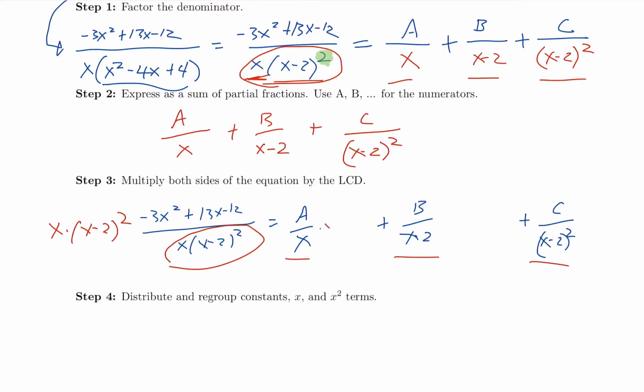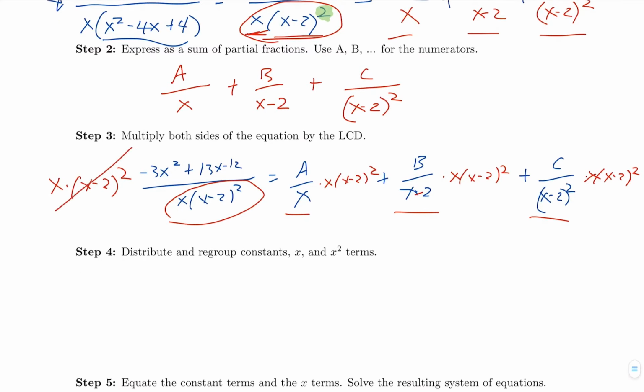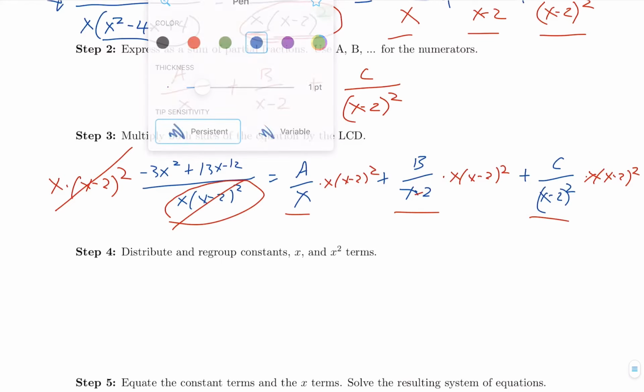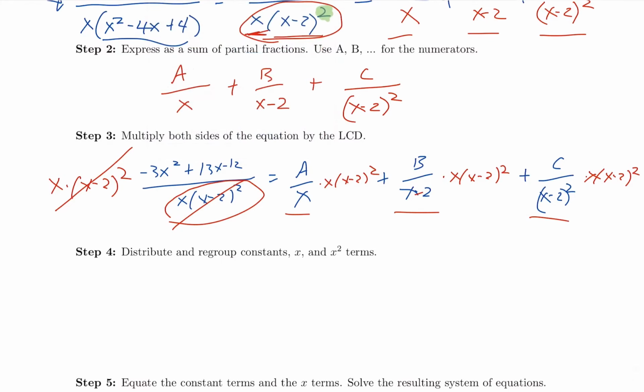So we can multiply one at a time like this, times x minus 2 squared, x times x minus 2 squared. As you can see, the left side cancels out here. So let me write down the multiplied part in step 4.